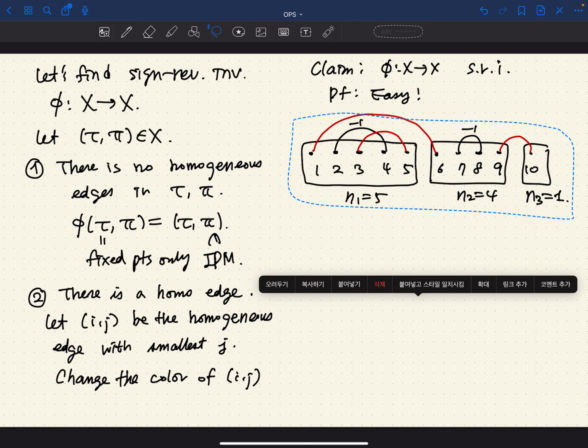It must be homogeneous cycles, because we can only use things over here. This is for Cn1, right? So when you do that, you have some bunch of cycles here. Let me just write it that way. And some fixed points.